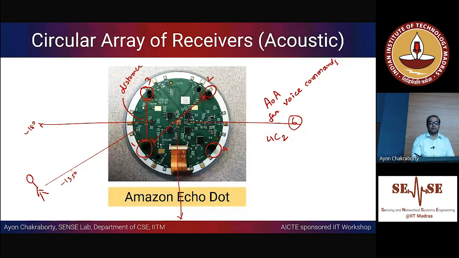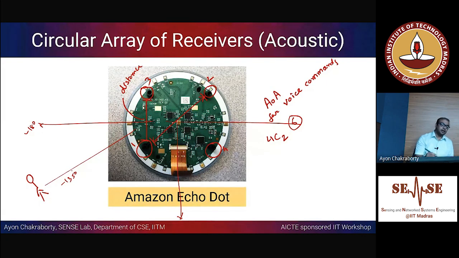Okay, and this also applies to even radio systems, right? Where the wavelength is just going to be different. So that is going to change the form factor of the device, because if you make it too much larger than lambda, then you will have so much ambiguity you cannot resolve with just a few antennas or receivers, right? So you need a trade-off between the separation that you allow between the receivers, and how much ambiguity you can have, or what resolution you are able to receive at, right?